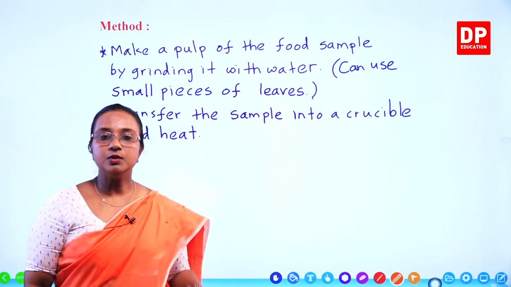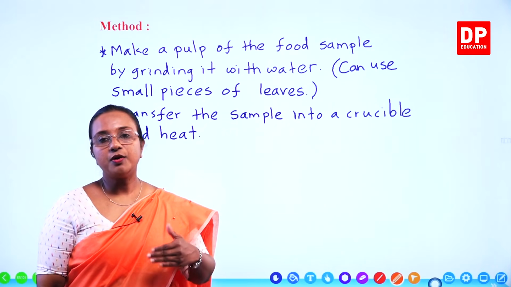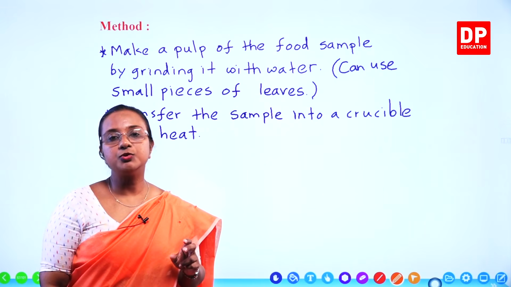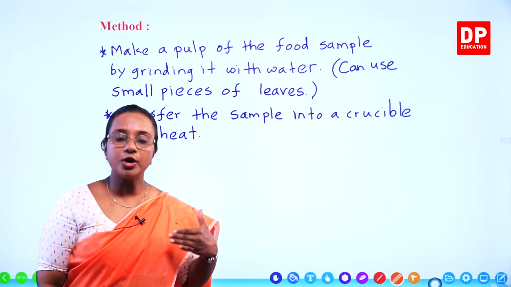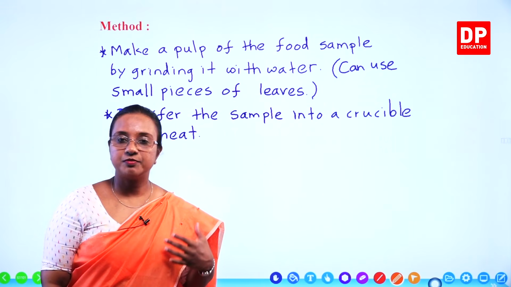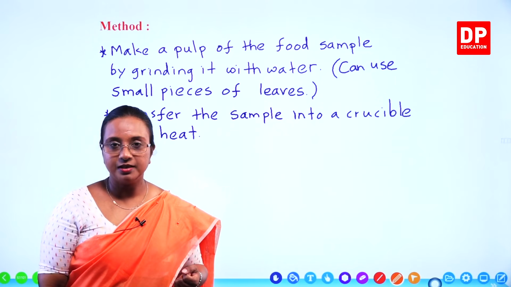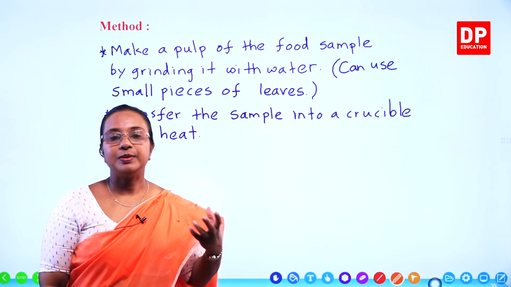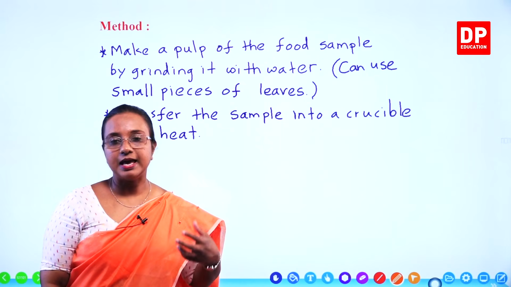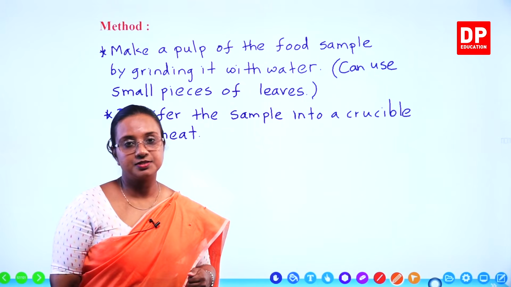While heating, on and off, we remove the lid of the crucible so that the water vapor escapes from the food sample and it becomes dry, and so that we can get the carbon as the remaining substance.